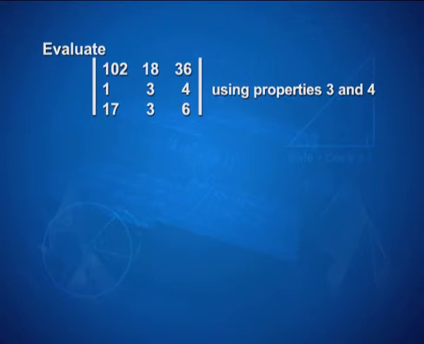Now, students, look at the screen. We will be using properties 3 and 4 for solving a determinant. Evaluate 102, 18, 36, 1, 3, 4, 17, 3, 6.